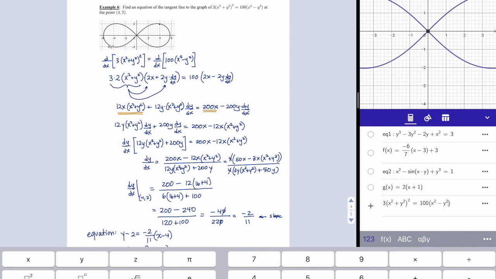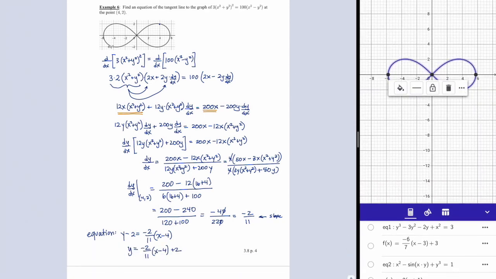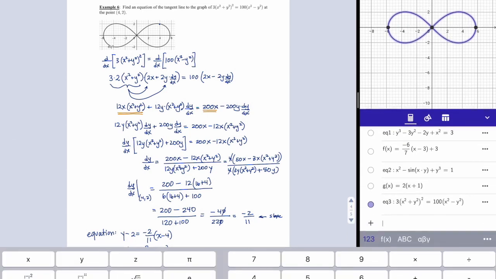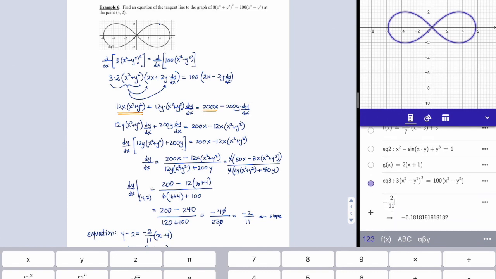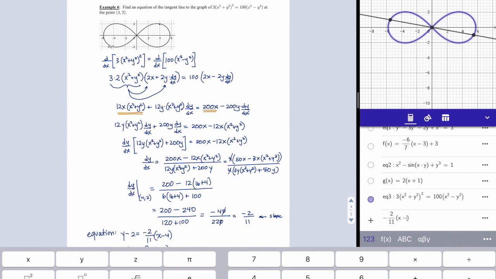So there's the picture that we're looking at, and now we want the equation of the tangent line, which we came up with as y equals negative 2/11 times the group x minus 4 plus 2.